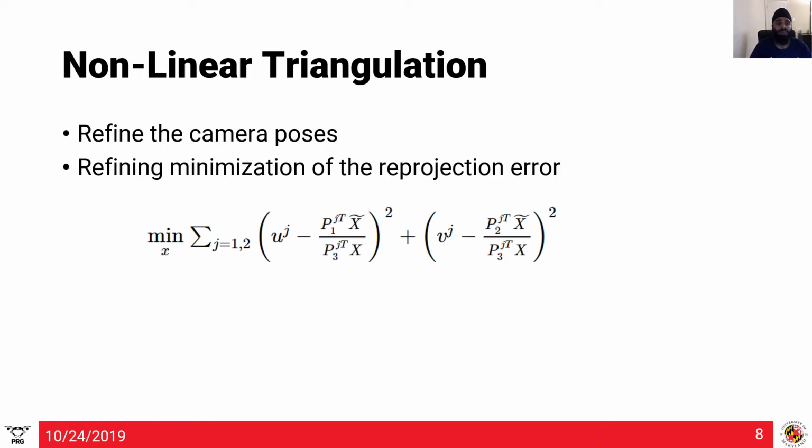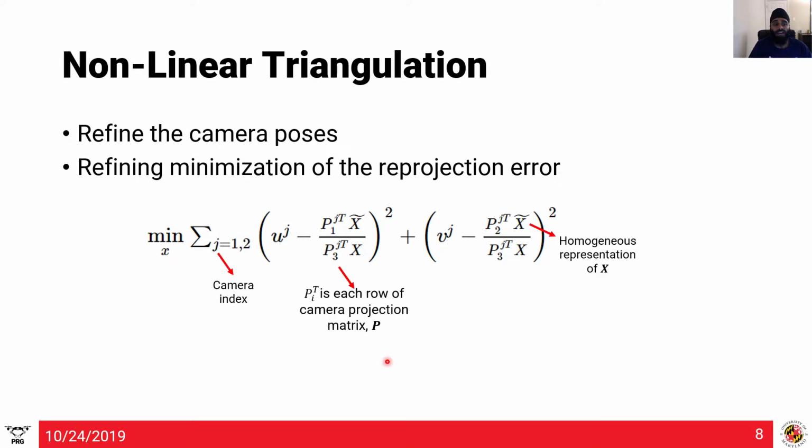So basically we are trying to minimize this, the Euclidean distance between the points and the reprojected points. And notice that this is for every camera index, and here P is my projection matrix, and P^T has like a 3x3, right? So each row of the camera projection matrix.